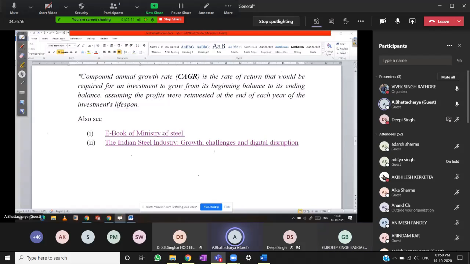And as far as the pollution is concerned, when I joined some 40 years ago, if you had gone to Rourkela in those days, the sky was almost red.